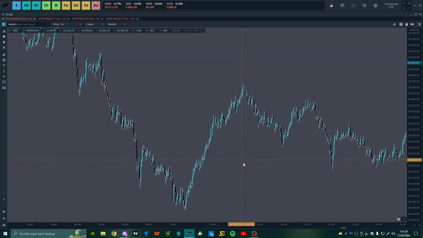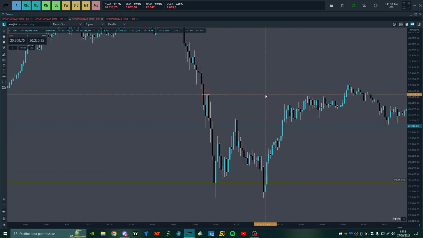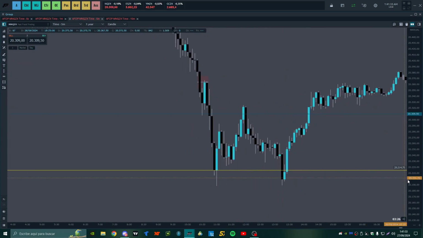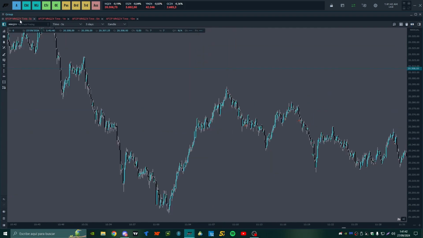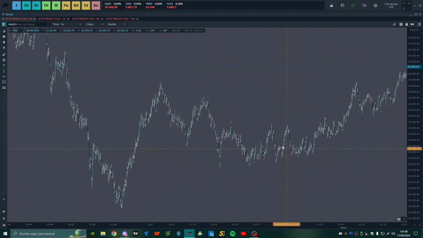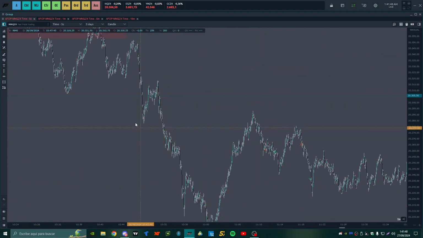So anyway, the price arrived here, and I think that was exactly what I had marked here. I can't manage to close this imbalance.